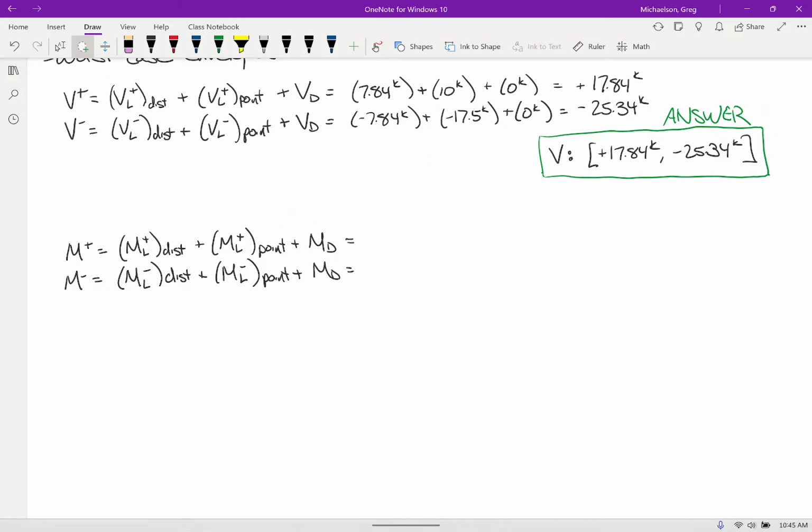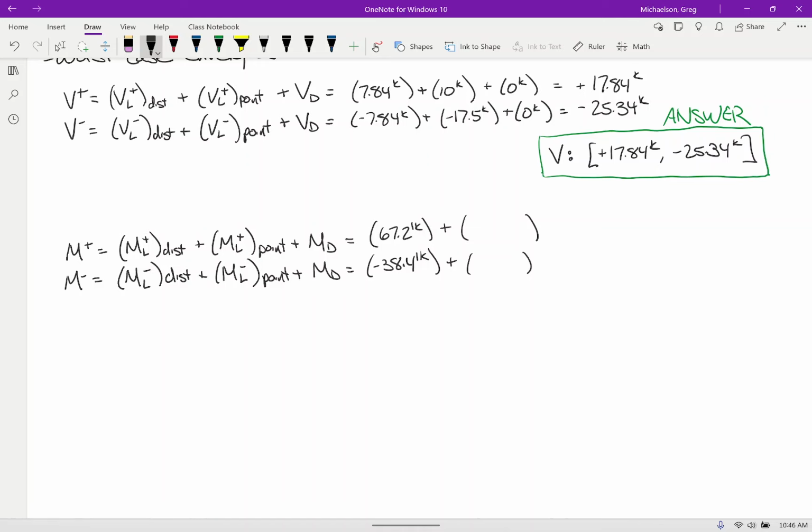For the distributed load, what do we have for ML positive and ML negative? It was 67.2 and 38.4. Okay.